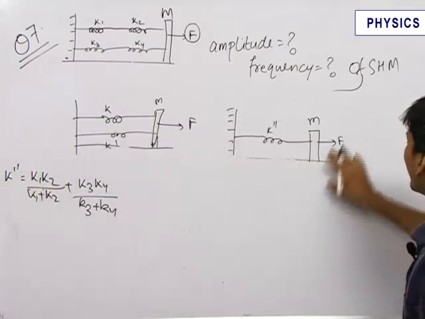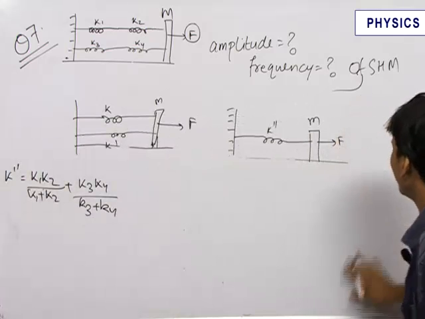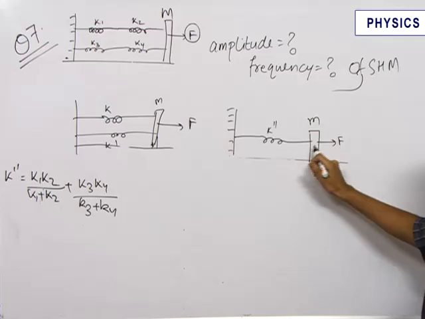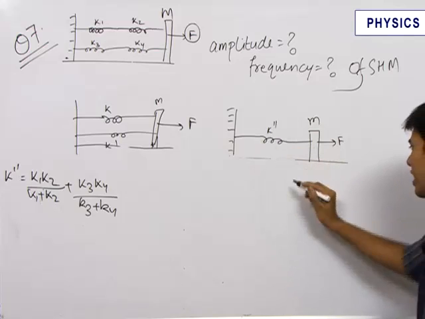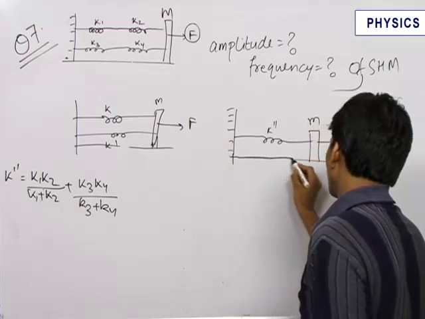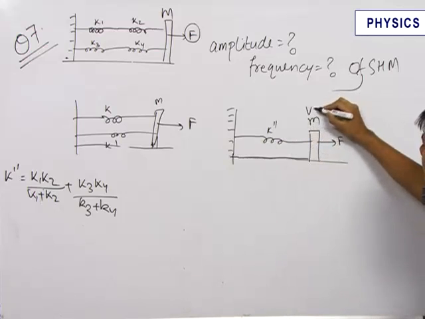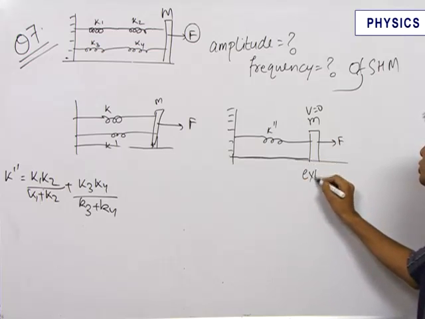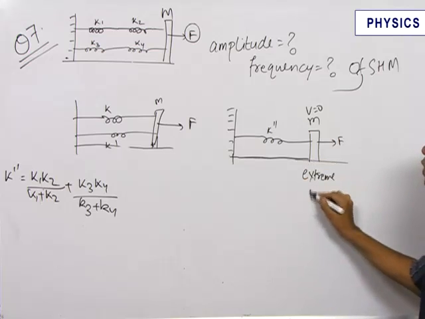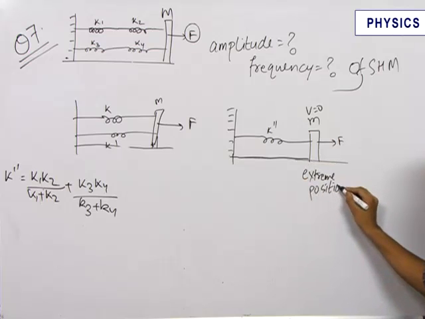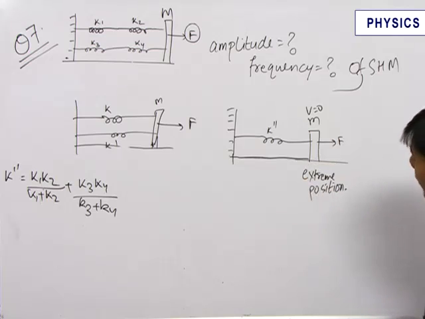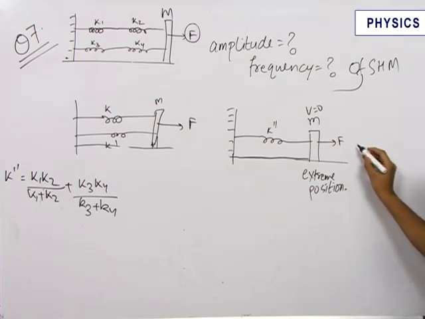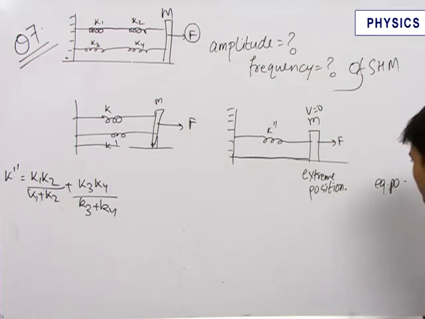Now, for finding out the amplitude and frequency, let us first see that initially the spring was at its natural length and the block started with velocity equal to 0. Therefore, this is definitely the extreme position of the SHM of the particle. Now we need to find out the amplitude. For that, let us find the equilibrium position, and we know that the distance between the equilibrium position and the extreme position is equal to the amplitude.